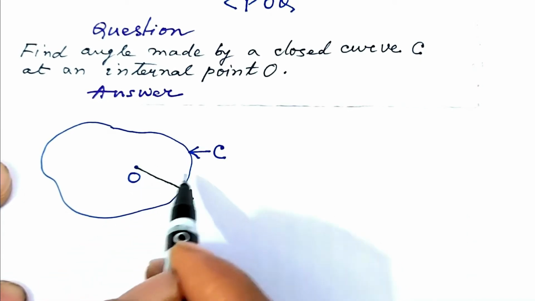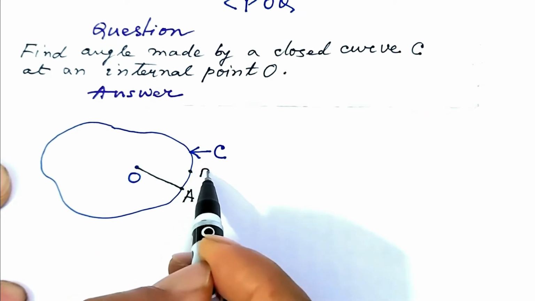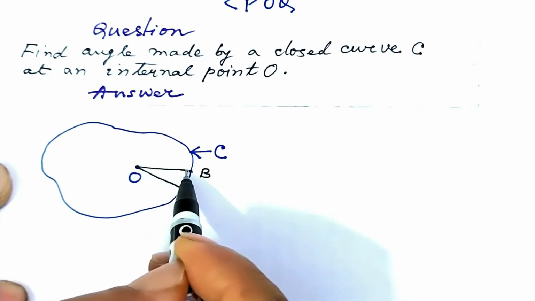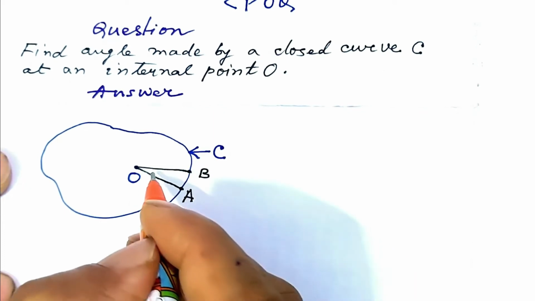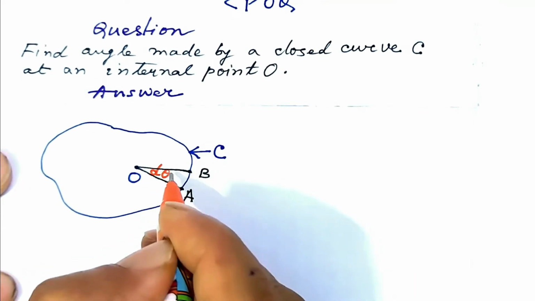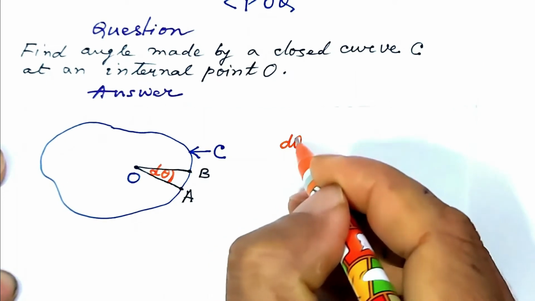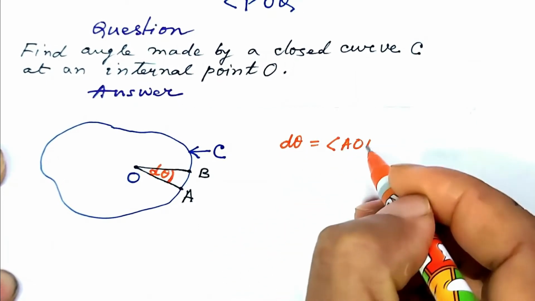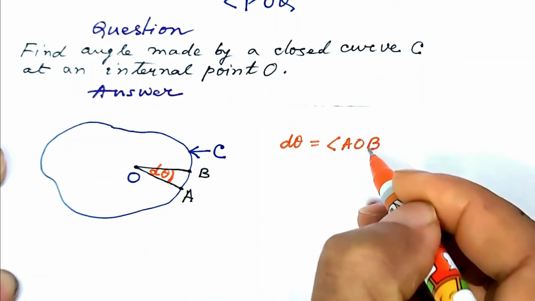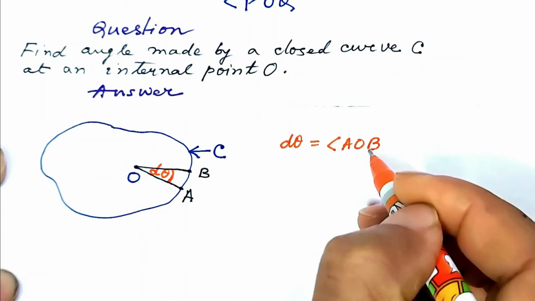Here is another infinitesimally close point B. Join O to B, an infinitesimal angle d theta is generated, and clearly d theta is the angle AOB, AB being an arbitrary portion of the closed curve C.